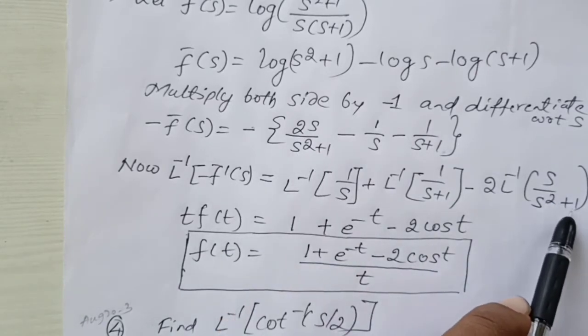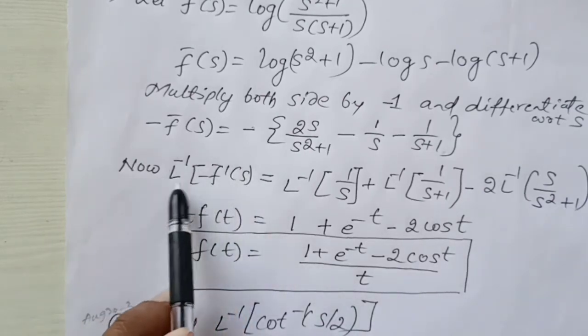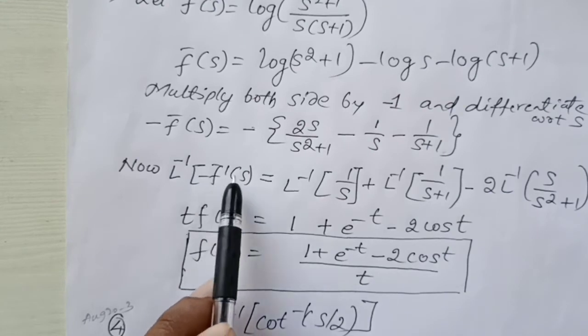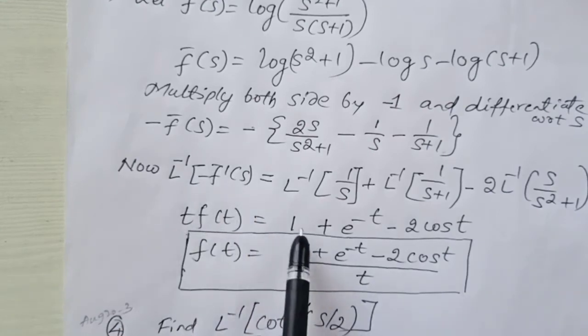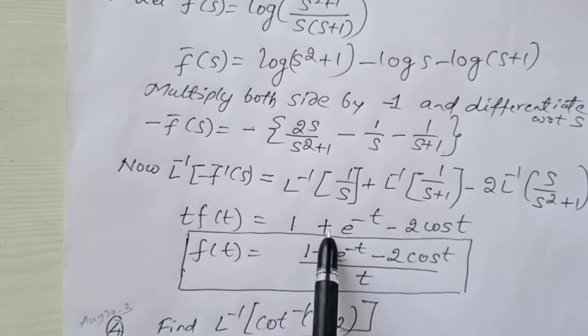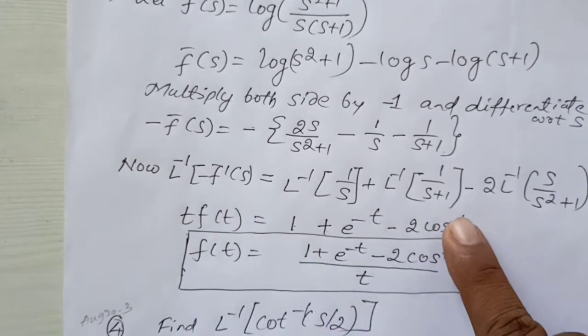The Laplace inverse of minus f dash bar s is t of f of t, which equals the Laplace inverse of 1 by s, which is definitely 1. Next, the Laplace inverse of 1 upon s plus 1.